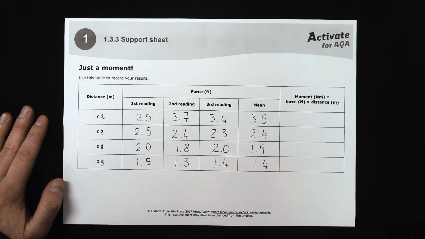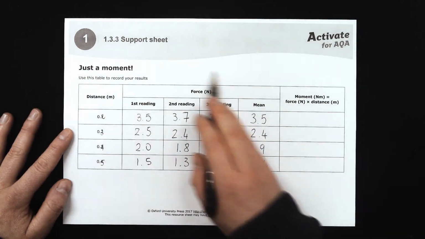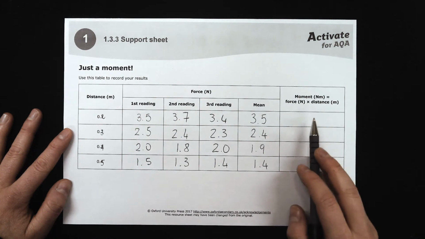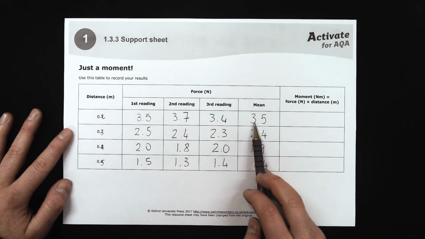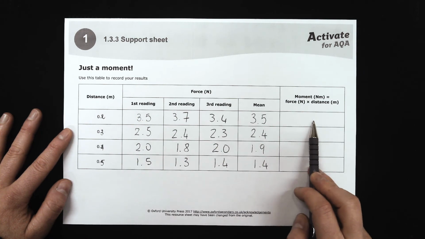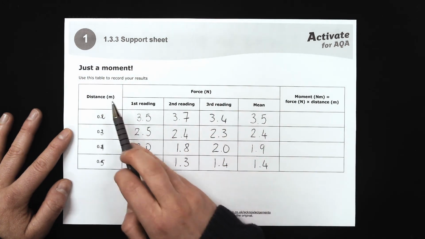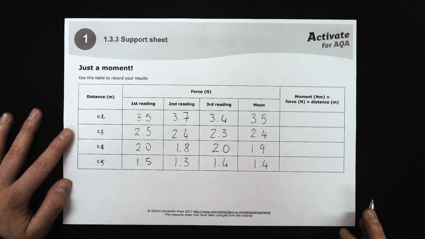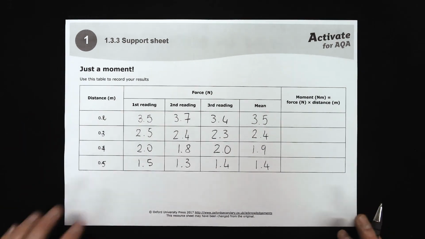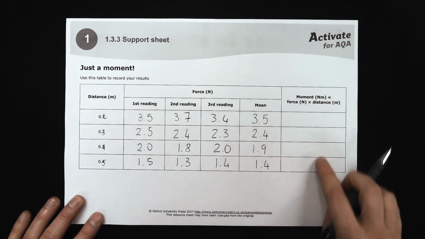Okay, so if we calculate the moment as force times distance, then I will have to do 0.2 times 3.5, and that will give me my moment, which is in newton meters. Newtons for force times meters for distance. Okay, so we made amends for our mistake, and now we can go and calculate the moment.